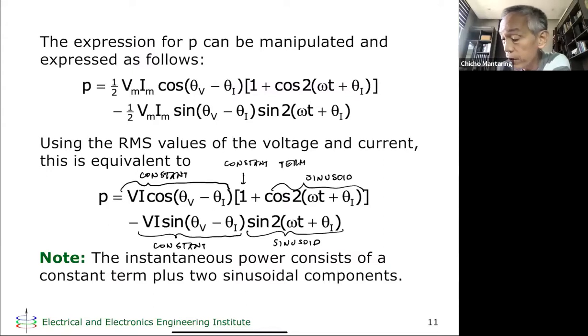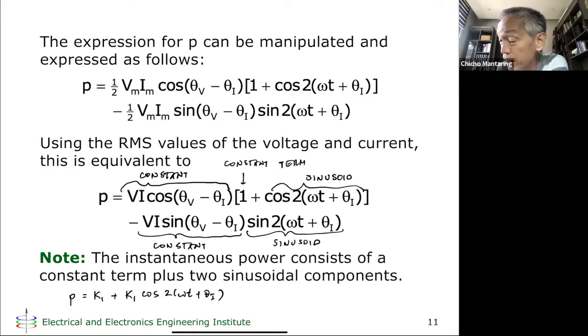In other words, ano yung kalalabasan ng P ko? My P will be, let me call it K1, plus K1 cosine of 2 omega t plus theta I. That's this term.